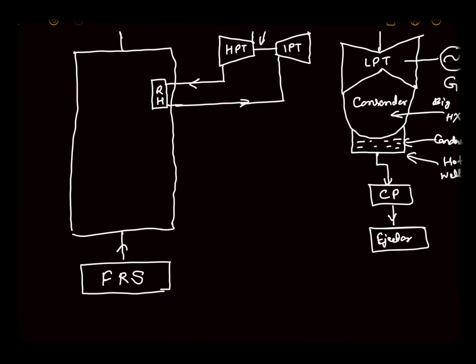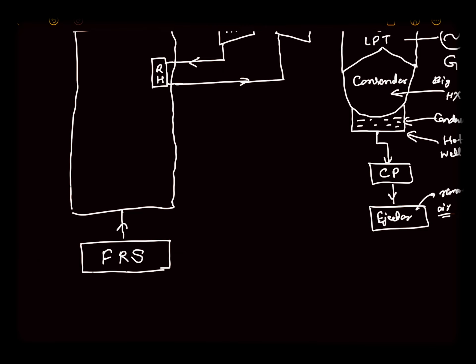And the work of this ejector is to remove air mixed in the condensate. Then from this ejector, it is thrown to the low pressure heater. This condensate is thrown in the low pressure heater.